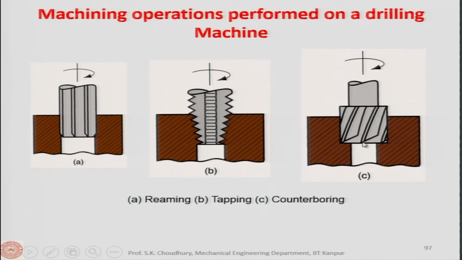This process is called counter boring, and I told you that counter boring is made so that a special kind of bolt can be inserted here so that the bolt head does not protrude out. It will be sunk, that is why it is called counter boring. There are also other purposes for which counter boring is used, and we will see those later, and also some of the uses in the laboratory.